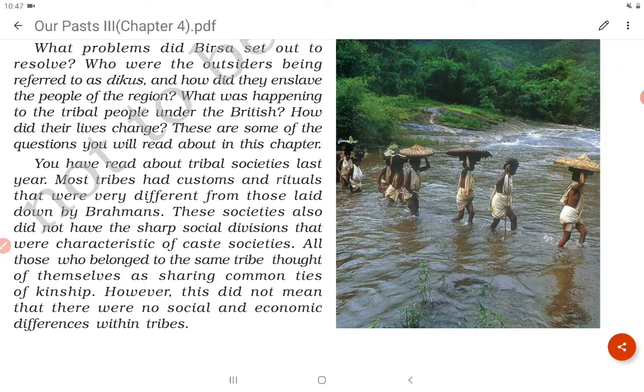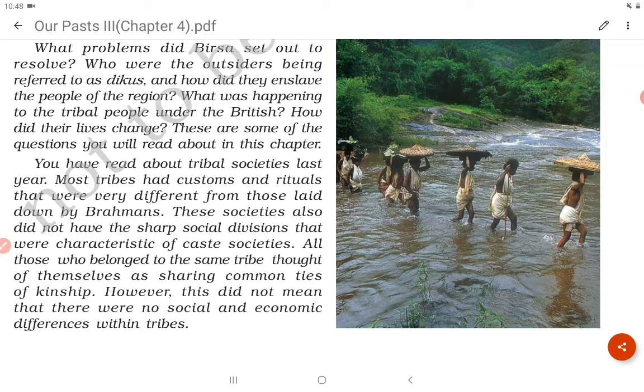You have read about tribal societies last year. Most tribals had customs and rituals that were very different from those laid down by Brahmins. These societies also did not have the sharp social divisions that were characteristic of caste societies.